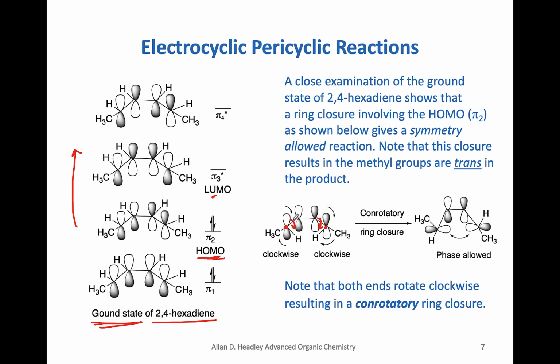Why are we doing that? So that we can have here symmetry allowed overlap. So notice here the unshaded and the unshaded of these 2 carbons are now symmetry allowed, or phase allowed, so that a bond can take place right here.